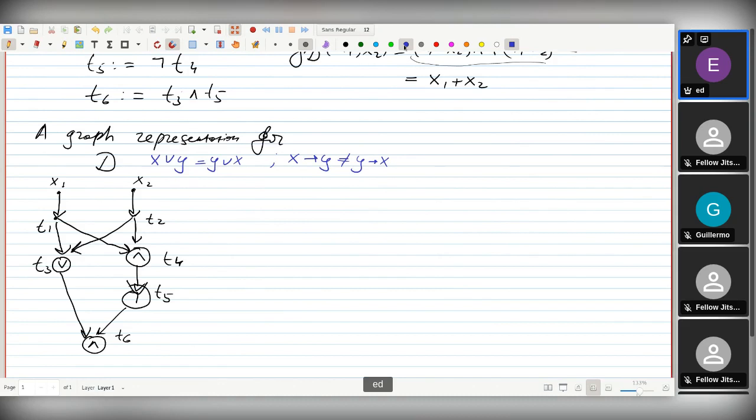Is it clear? Yes. But nevertheless, for symmetric functions, we are quite happy with what we have. This graph representation is similar to electric circuits.